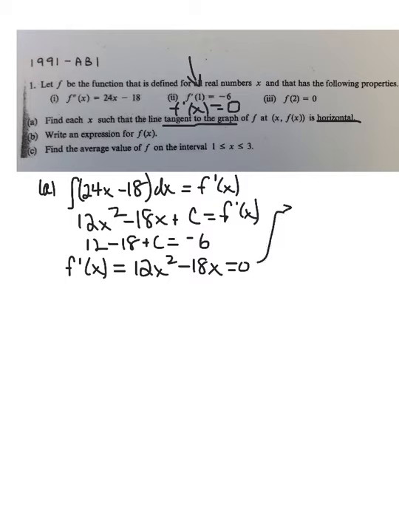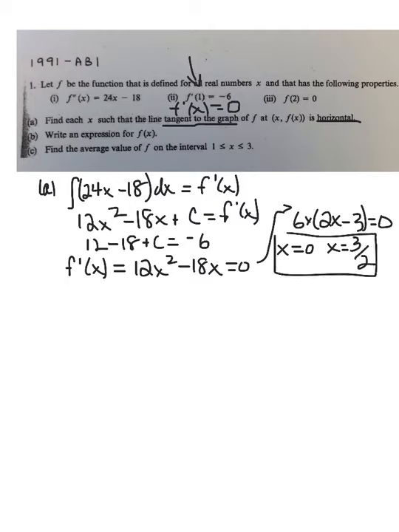I'm just going to factor. I'll take out a 6x, and that's going to give me 2x minus 3. Set that equal to 0, and we would have x equals 0, and x equals 3/2. So there's your two answers.